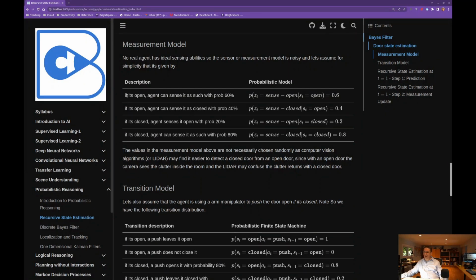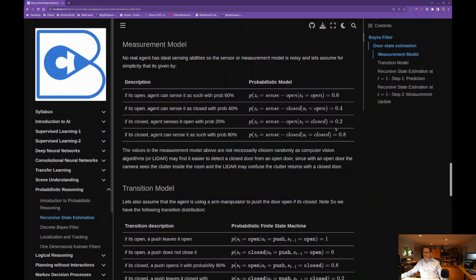The first line is that if it's open, the agent can sense that it is indeed open with a probability of 60%. If it is open, the agent can sense it as closed with a probability of 40%. If it is closed, the agent will sense it as open with probability 20%. And if it is closed, the agent can sense it as such with a probability of 80%.